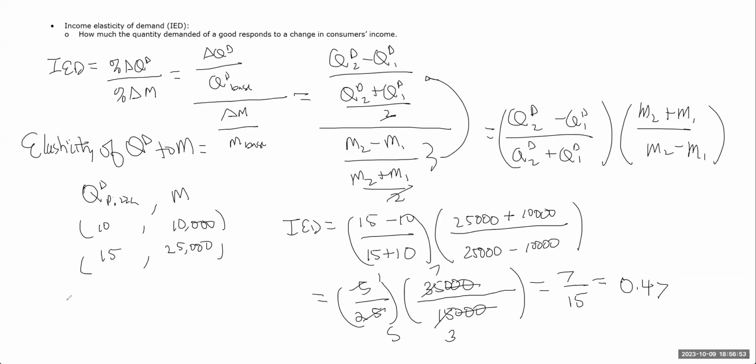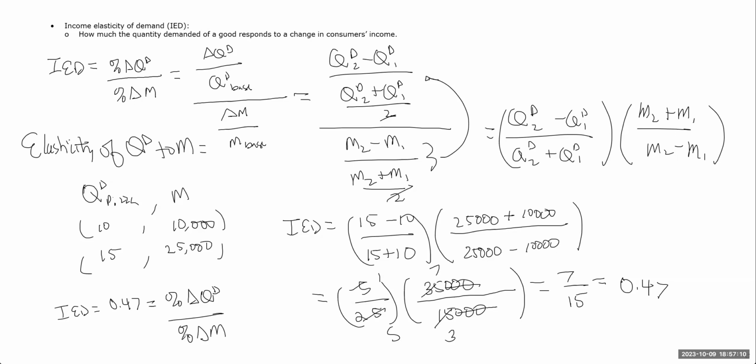Okay, so now again, we have IED is equal to 0.47. That is equal to percent change in quantity demanded over percent change in income. So if I know one of these, then I could figure out the other one.